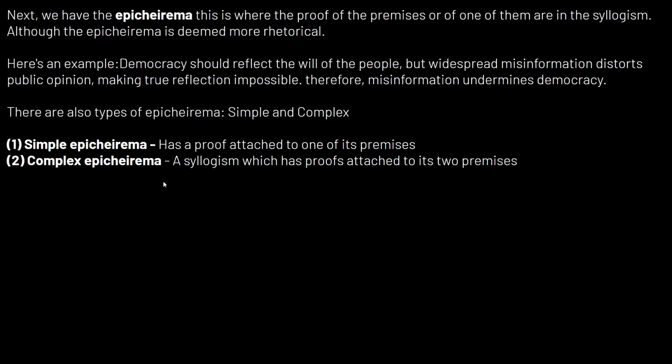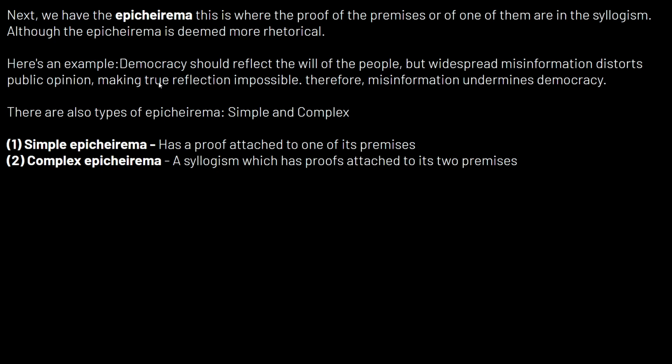Alright, and so we have the next species of argumentation, or demonstration, my bad, that is the epikyrema. You might have heard of this before. An epikyrema is where the proof of the premises, or one of them, is included in the syllogism, although the epikyrema is deemed more rhetorical rather than a demonstration.